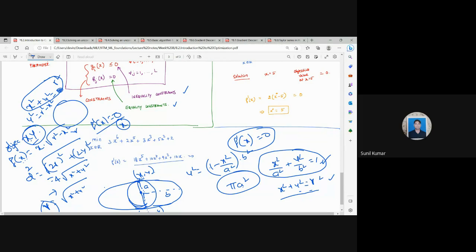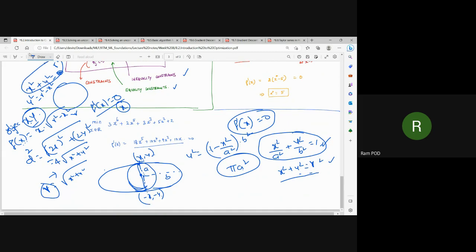If R equals B, it's going to cross the ellipse, so this cannot happen. So the constraint here is that the area of the circle cannot go beyond the area of the ellipse, right? Right. Okay, any other questions here?